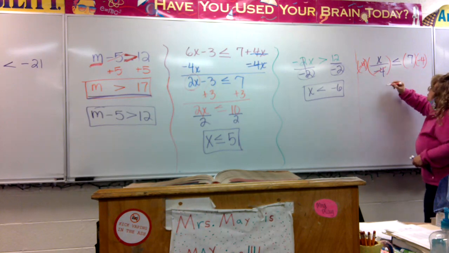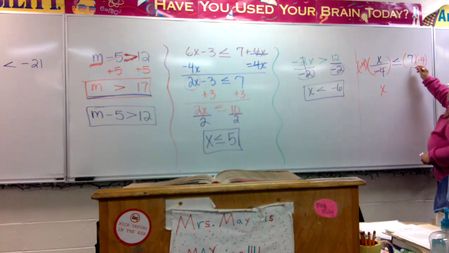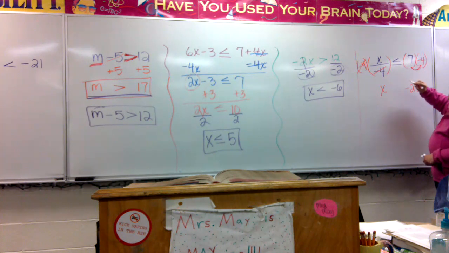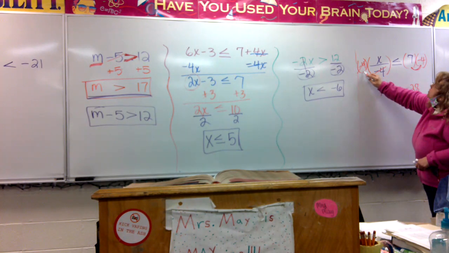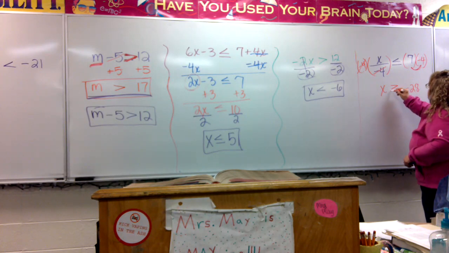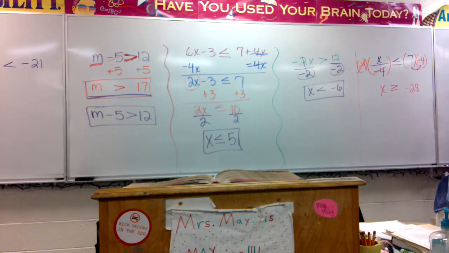Here it cancels, you just have x. What do you get here? -28, and since we multiplied by -4, we're going to flip our inequality the opposite direction. Does that make sense?